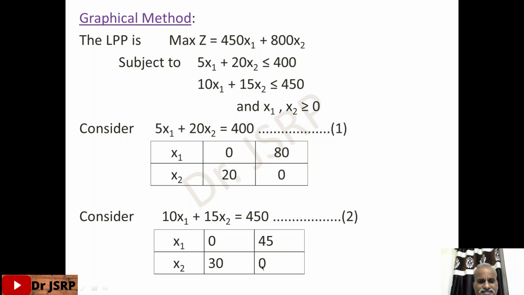Next take x2 as 0, then 10x1 equals 450, x1 equals 45. So these two are the intercepts. Let this be line 1 and let this be line 2. Now we have to draw these two lines on the x-y plane.